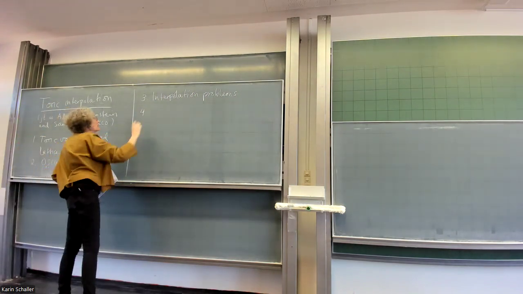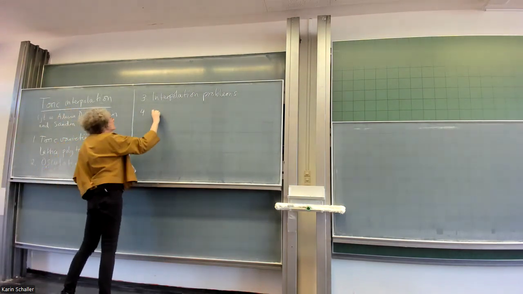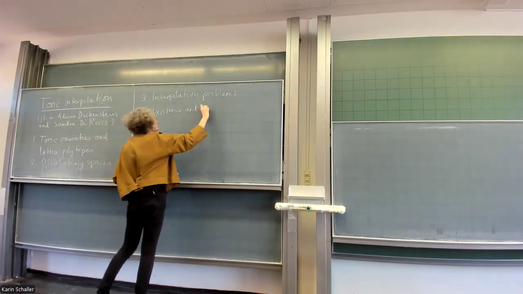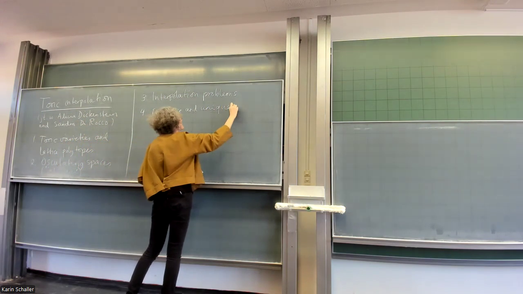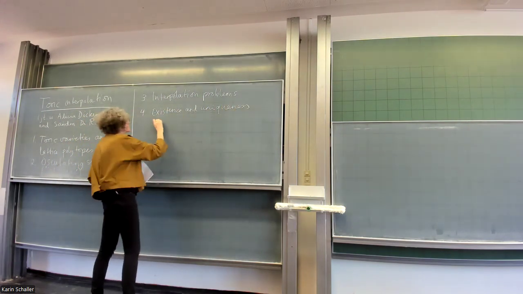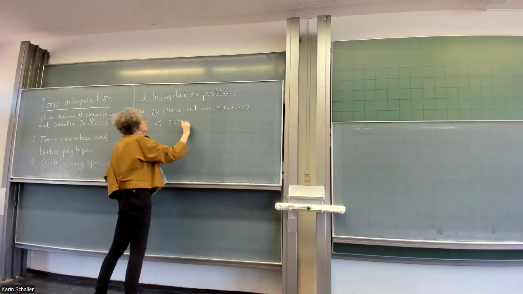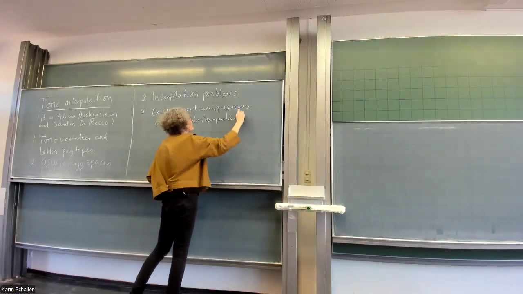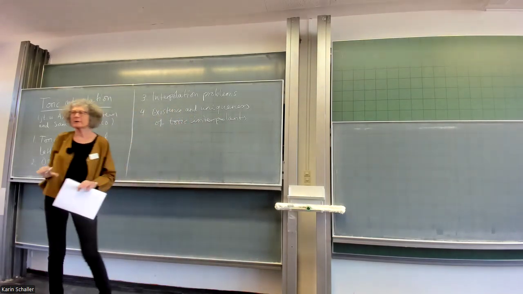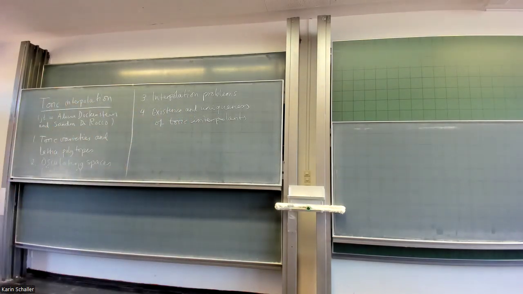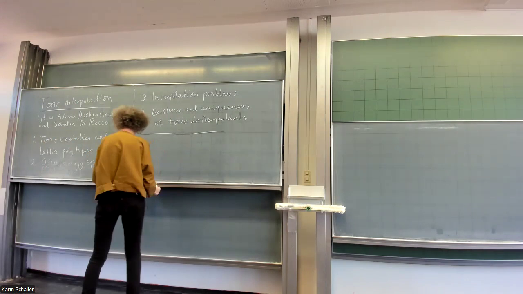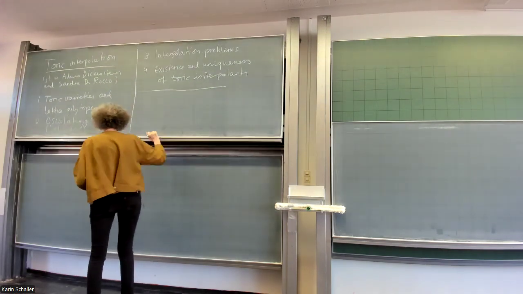And finally, I will show existence and uniqueness of toric interpolants. And those will be toric varieties that interpolate a given toric variety. I will explain. So this is just the outside.